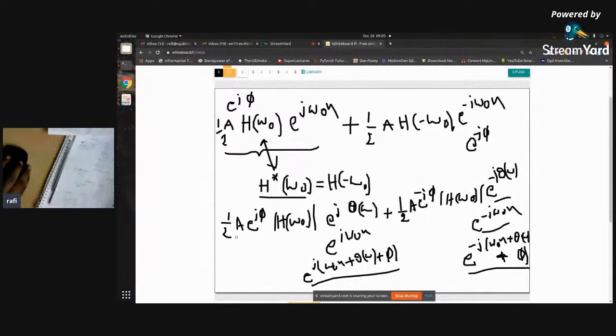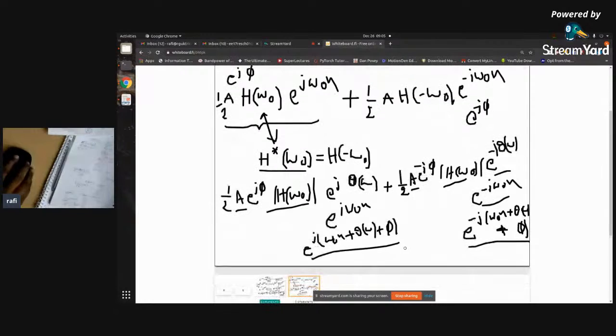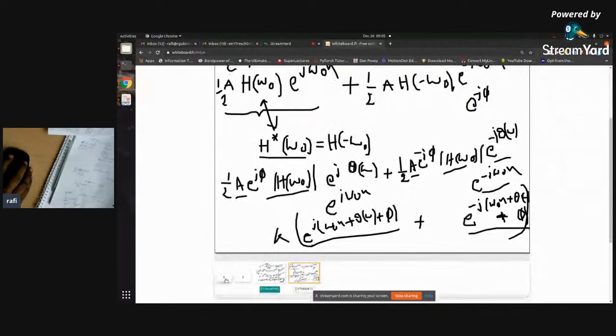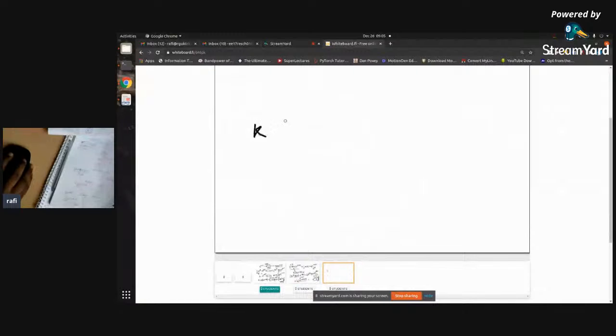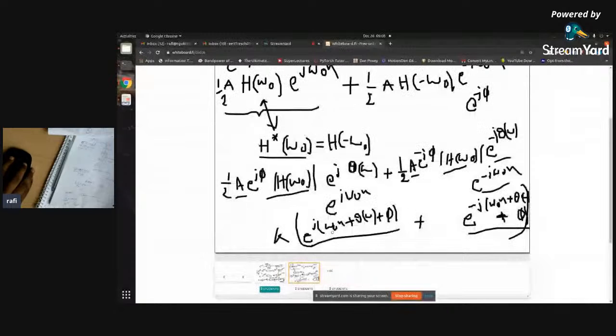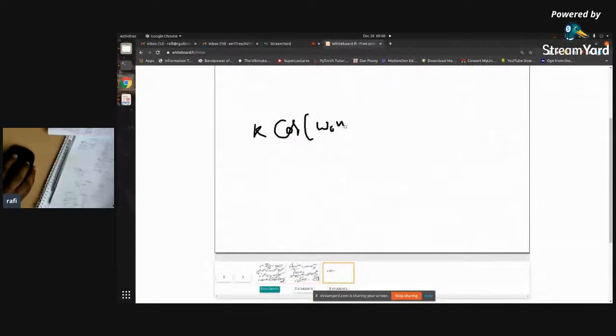So this is e power plus j theta, this is e power minus j theta, and a into mod h of omega times half is a constant. So this is nothing but e power j theta plus e power minus j theta, times some constant k. So this will be cos theta, equal to that constant into cos theta, where theta is all the terms in the brackets: omega naught n plus phi, which I'm writing first, plus theta of omega.